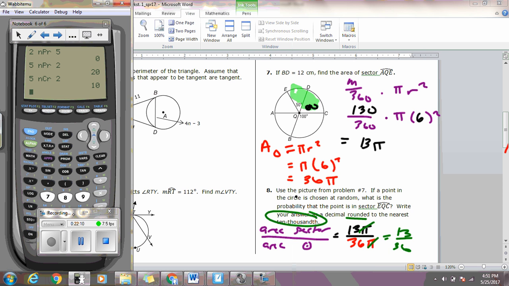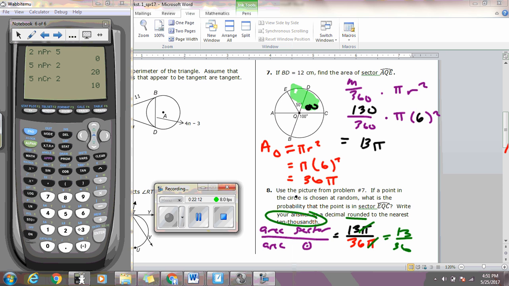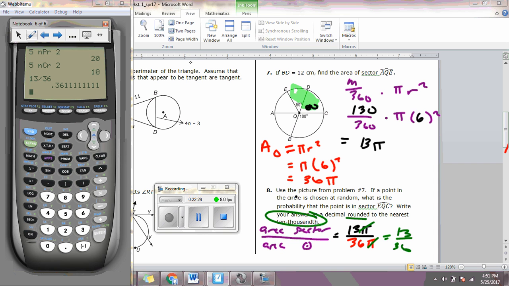So I'm going to put 13 divided by 36, and 10,000ths is 4 places after the decimal. So if I round correctly, it's approximately 0.3611.